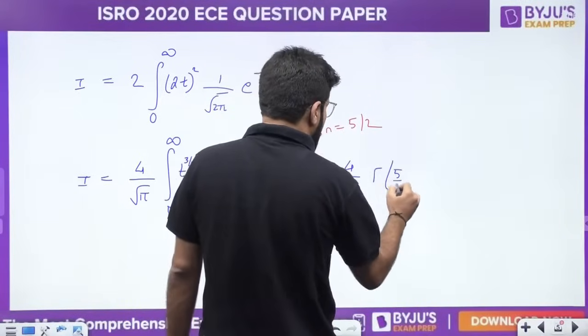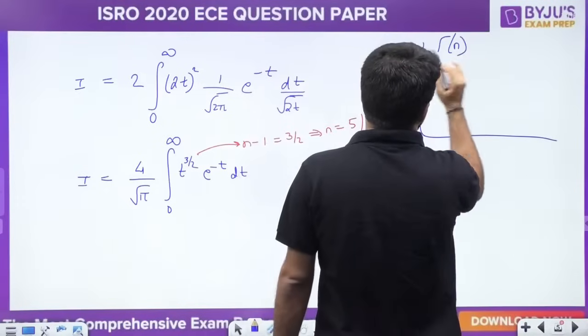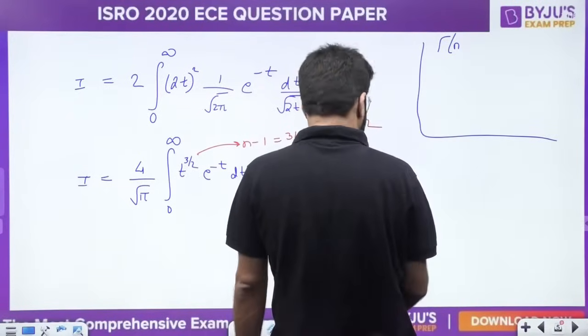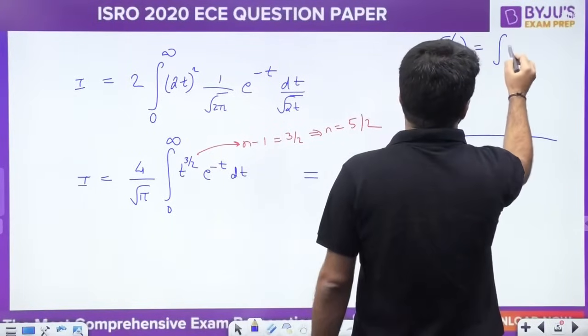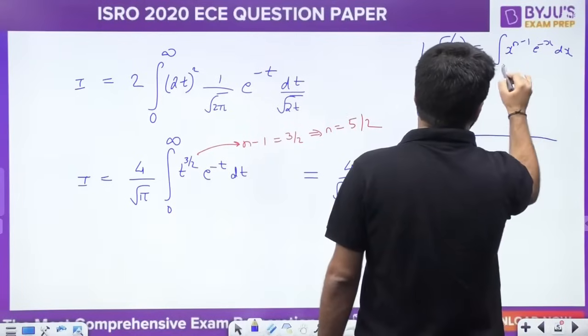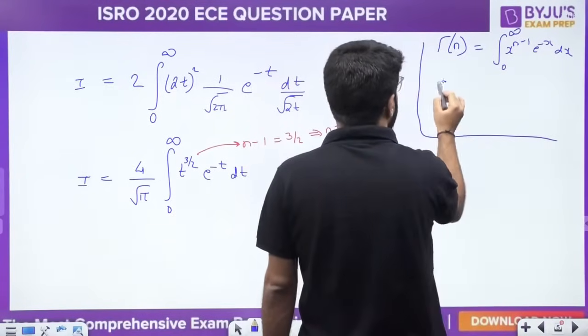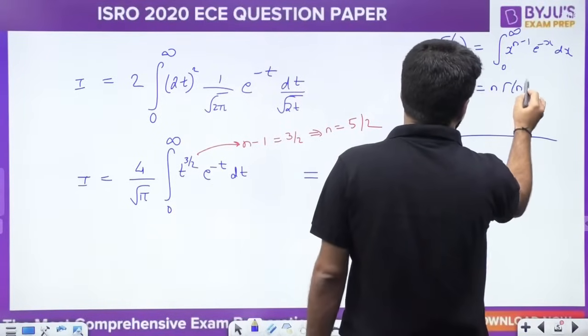So 4 upon root pi, gamma 5 by 2. But how do you solve gamma 5 by 2? You will be using some important results here. I will highlight them. Gamma n is integral x raised to the power n minus 1 e power minus x dx, limit 0 to infinity. Gamma n plus 1 is n gamma n, right?